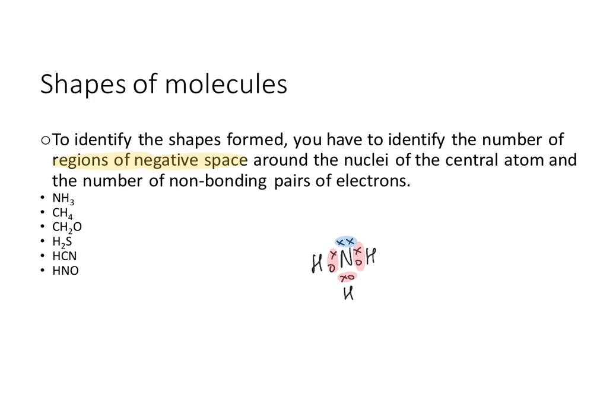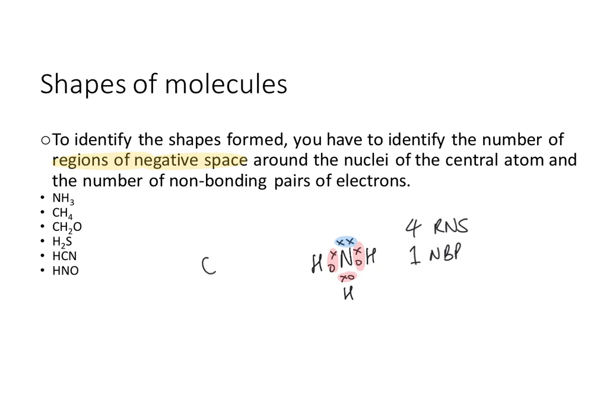So what we would say here is that there are 4 regions of negative space and 1 non-bonding pair. So 4 regions of negative space with 1 non-bonding pair in that particular diagram of NH3. You've got the 3 single bonds and the 1 non-bonding pair making 4, and then 1 of them is non-bonding.